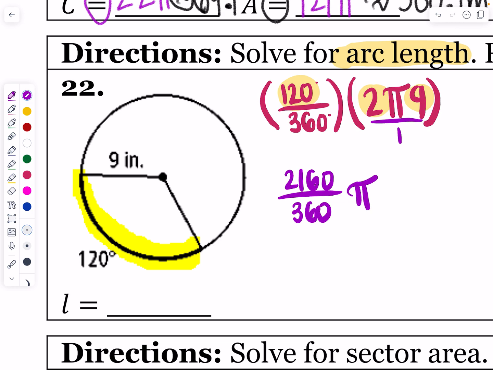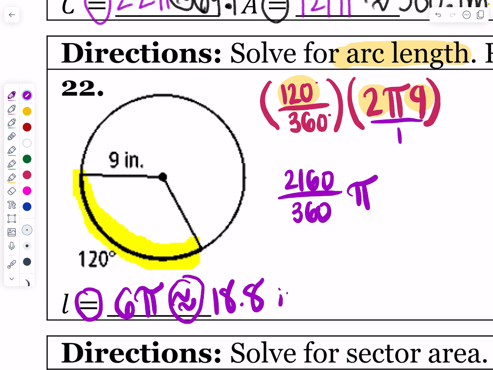And that is going to simplify to 6 pi. So in terms of pi, it would be 6 pi. What is that rounded? That is going to round to about 18.8 inches. So in terms of pi, it's 6 pi inches exactly, which is about 18.8.